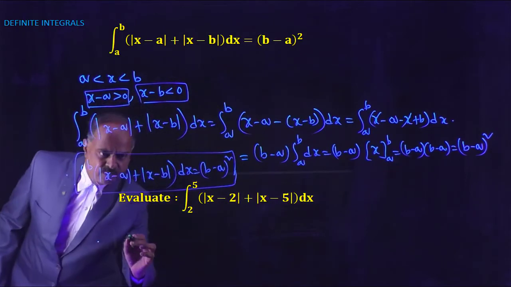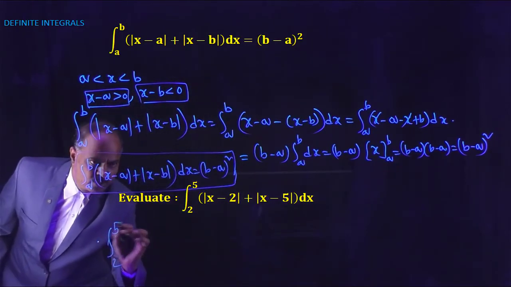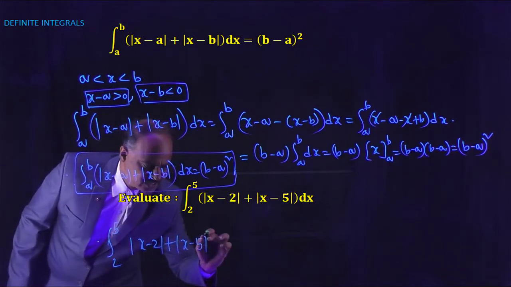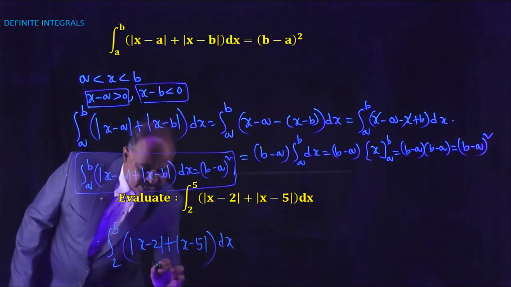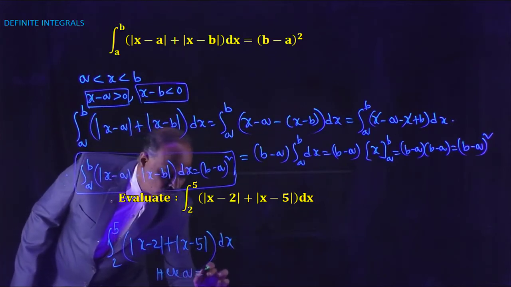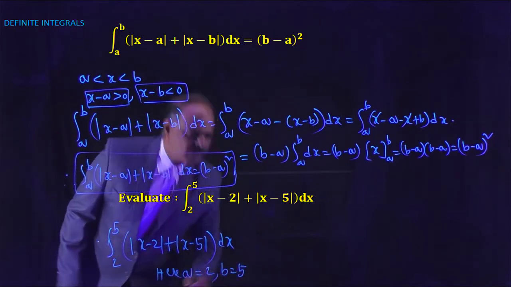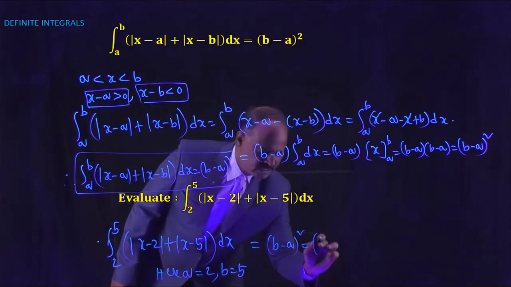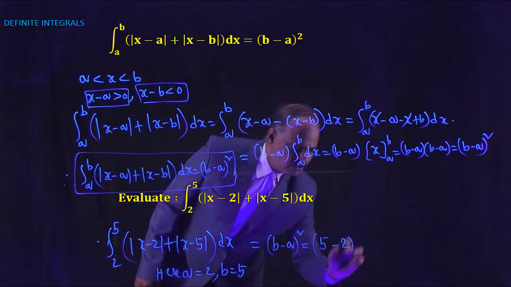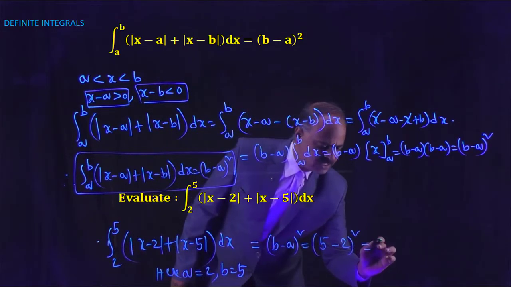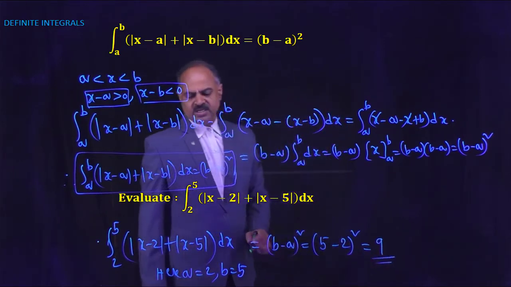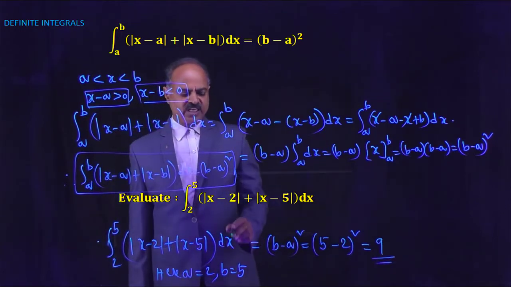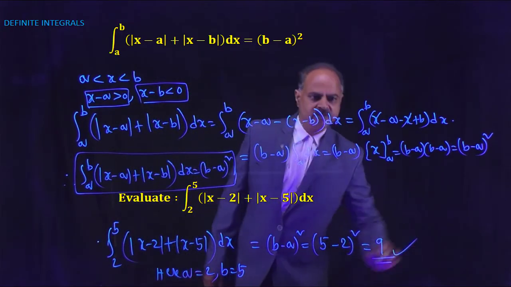So here a is equal to 2 and b is equal to 5. Formula is (b minus a) whole square, that is (5 minus 2) whole square, that is equal to 3 square, 9. Therefore integral 2 to 5 modulus of x minus 2 plus modulus of x minus 5 dx equal to 9.